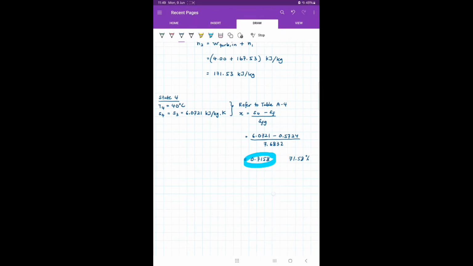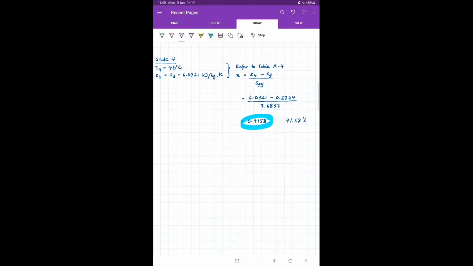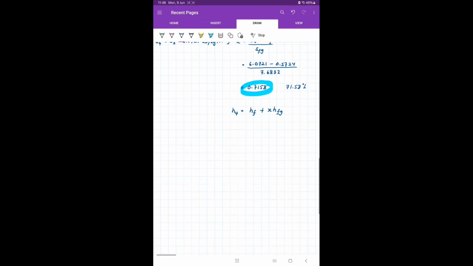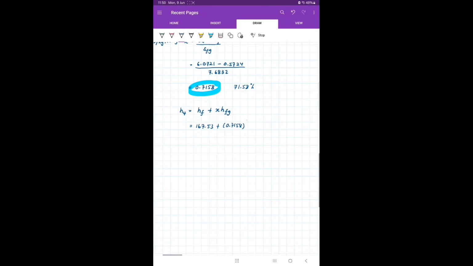Now let's proceed to finding H4. We know that H4 should be equal to HF plus X HFG. Again, you go to table A4 and get all these values: 167.53 plus 0.7158 multiplied by 2406.0.